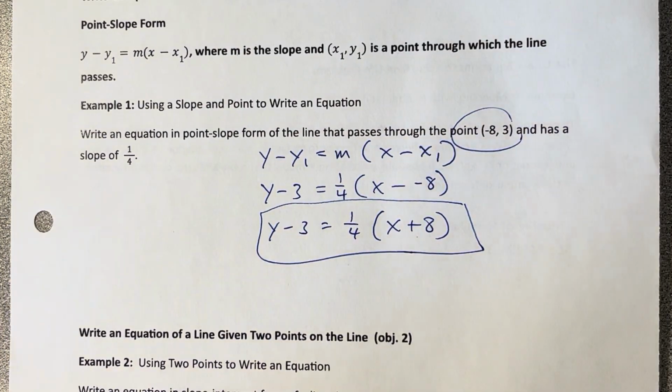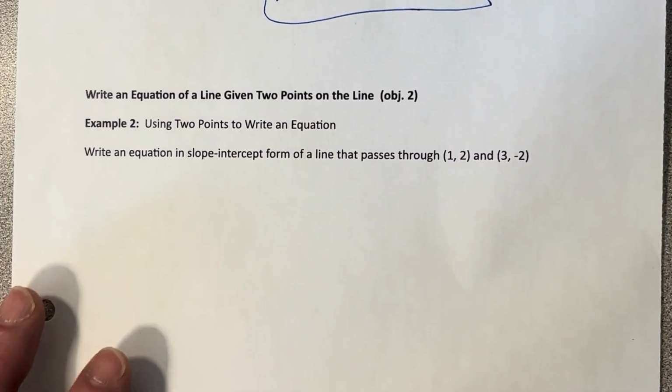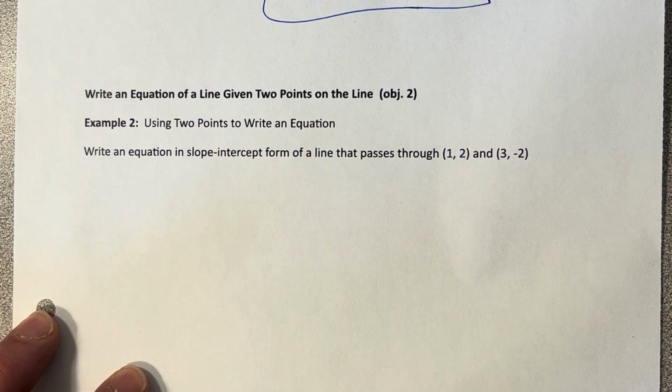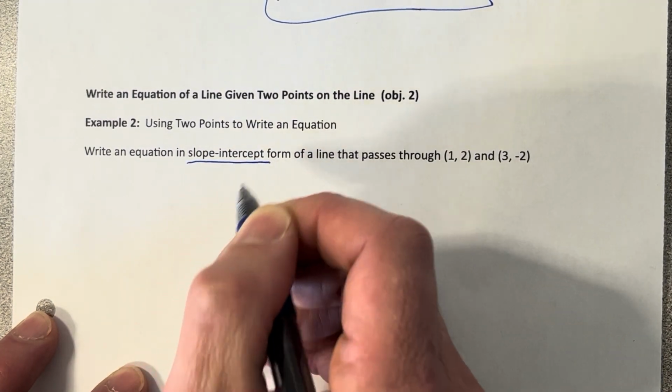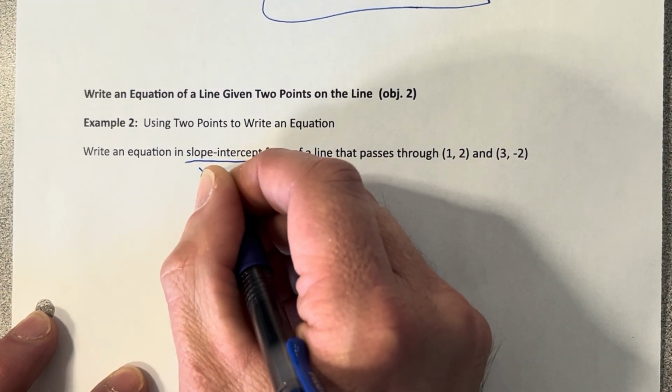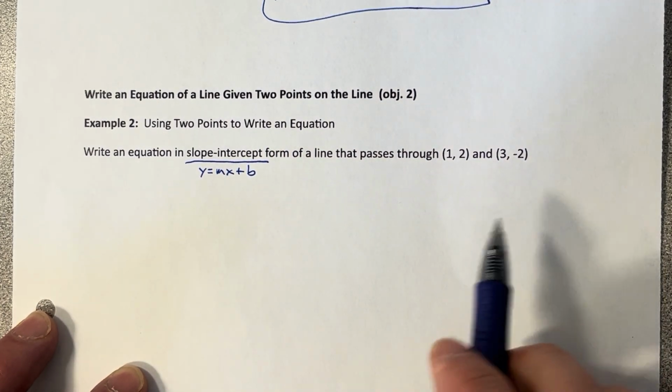Okay, so for example 2, using 2 points to write an equation of a line. Now be careful here, they're specifically wanting slope-intercept form. So they're going to want us to write this as y equals mx plus b, but we don't have a y-intercept.